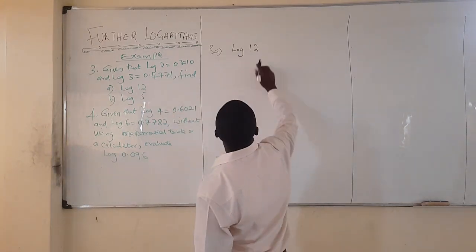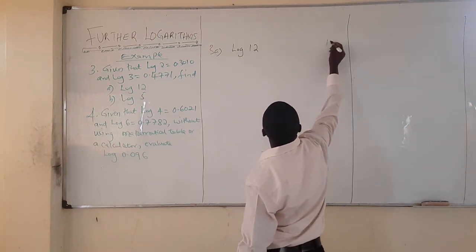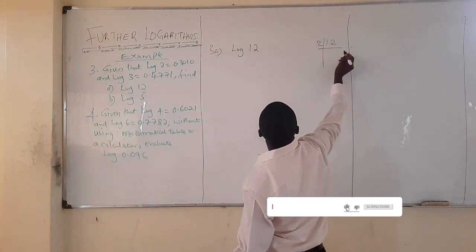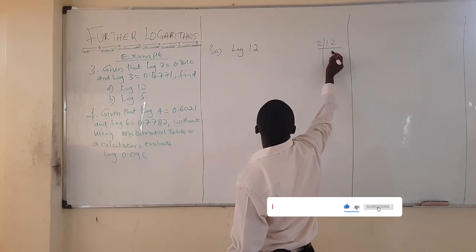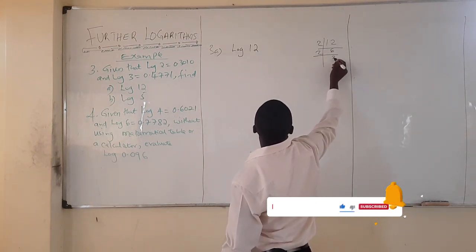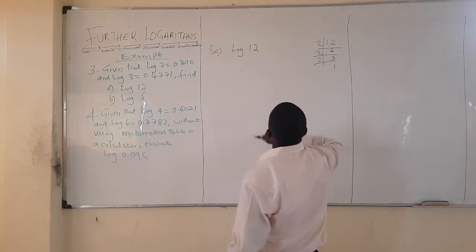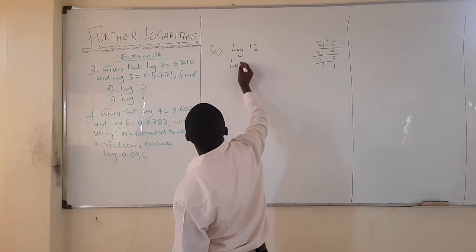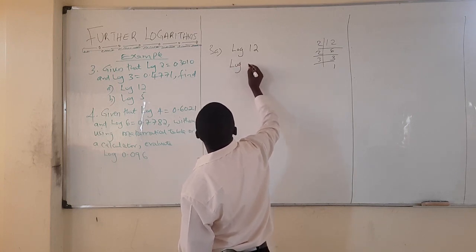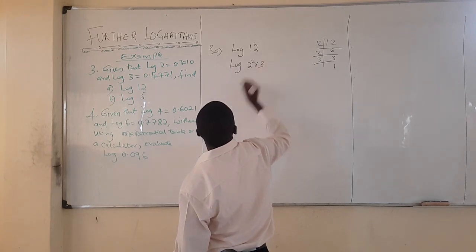And of course, 12, you can get that by dividing by 2, you get 6, dividing by 2, you get 3, and then by 3, 1. So log 12 is the same as log of 2 squared times 3.